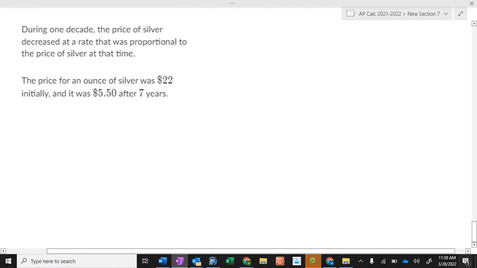During one decade, the price of silver decreased at a rate that was proportional to the price of silver at the time. The price for 1 ounce of silver was $22 initially, and it was $5.50 after 7 years. How do we figure this out? Y equals C e to the KT.